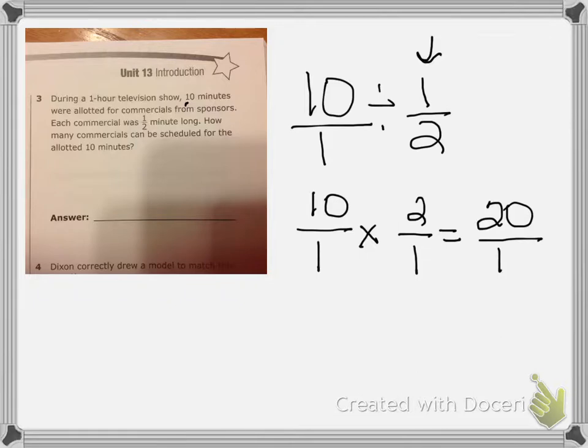So we look at that. How many commercials can be in there? 20 commercials. Because 20 over 1 turns into the whole number of 20. Okay? And if you need to pause at any time, you remember you pause and look at it.